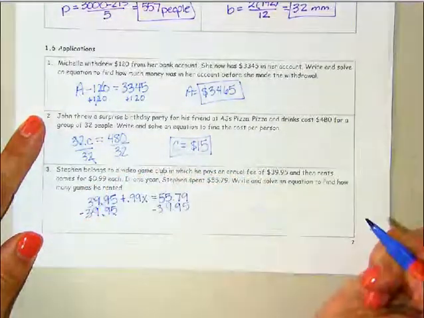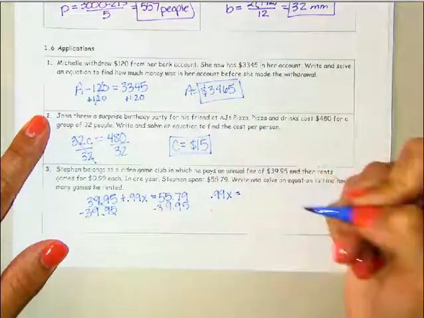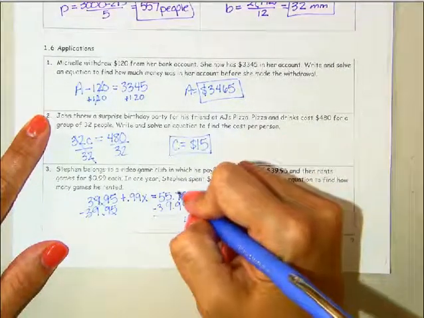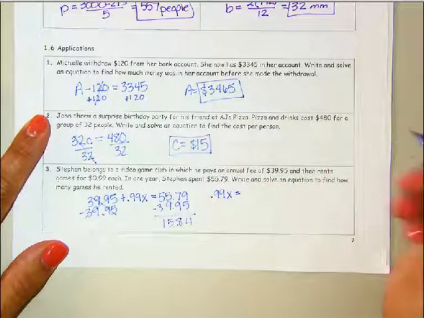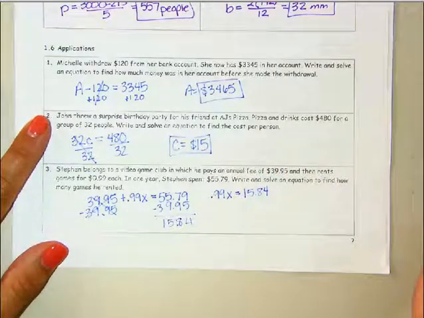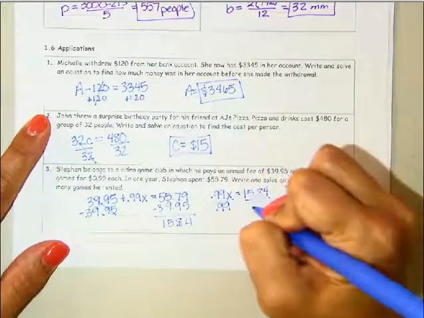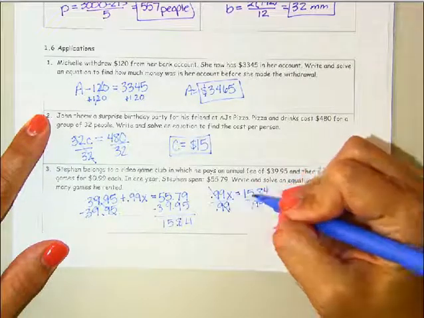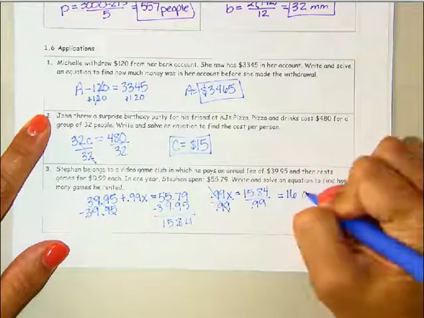So those cancel, and I'm left with 99 cents times X equals, let me do the math here real quick, $15.84. And then we're going to divide by 99 cents. So X, which stood for the number of games, equals 16 games.